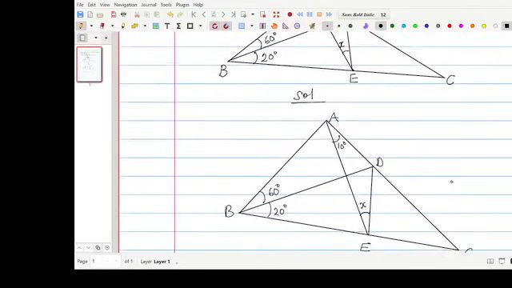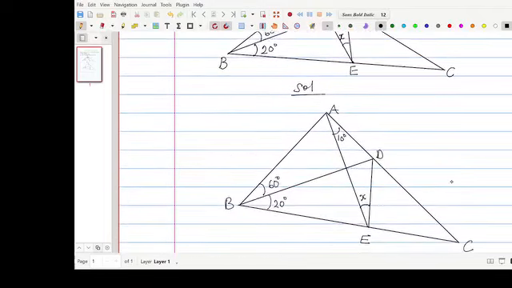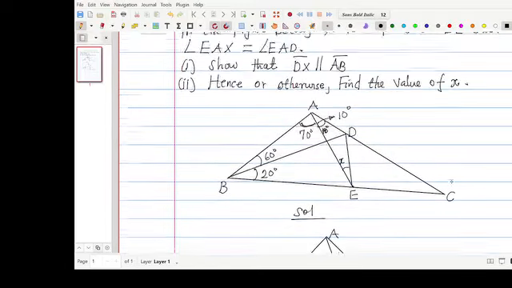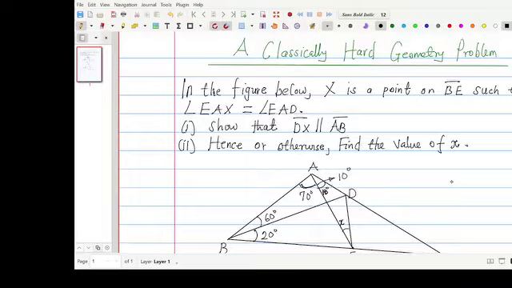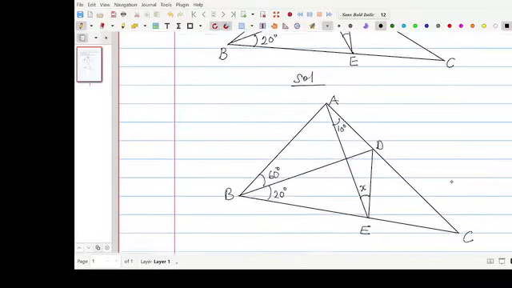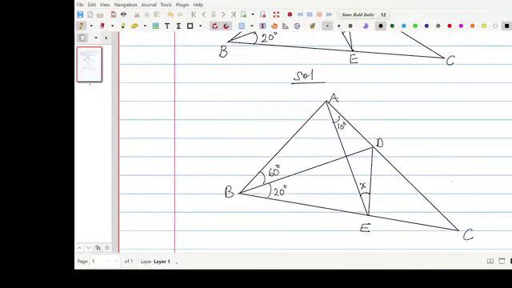Now we are told that X is a point on line BE, and X has a property. What is the property? It exists in a way so that the angle EAX. So first of all, I will locate my point X. Let me say the point X is somewhere here. All right. I'll call this point X. All right. Then I will connect X to A, because we are told that angle EAX.